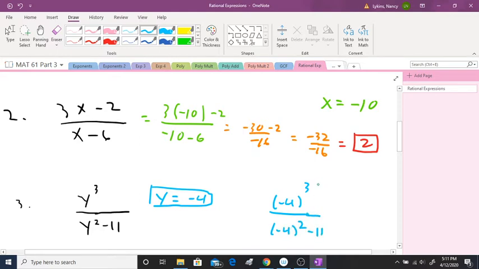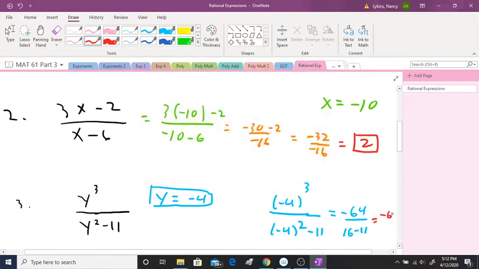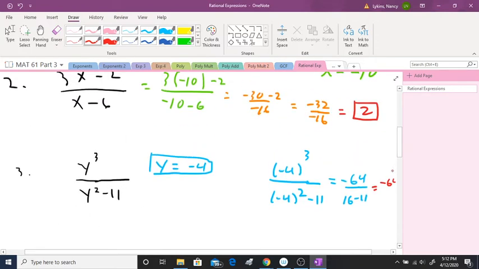Now notice one thing, put these in parentheses, because if you put negative 4 squared in your calculator, your calculator is going to square the 4 to make it 16 and then put that negative. That's not what that means. Make sure you put these in parentheses. So negative 4 to the third comes out to be negative 64. And then negative 4 squared is 16 minus 11. My final answer is negative 64 over 5.